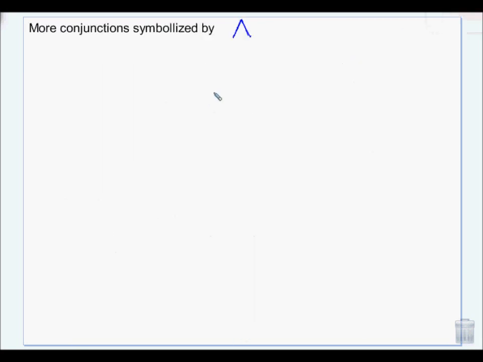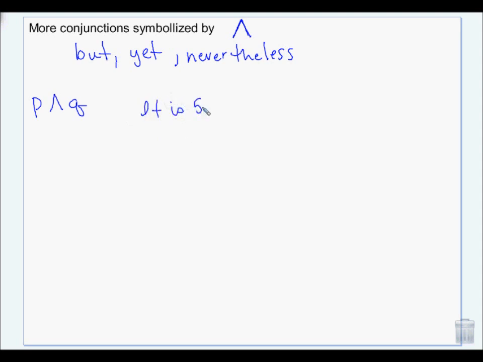But it can also symbolize but, yet, and nevertheless. These are all conjunctions. Okay, so if I say P and Q, I would read this P and Q, but if I was translating it to English, I could make it it is 5 p.m., but they are working.